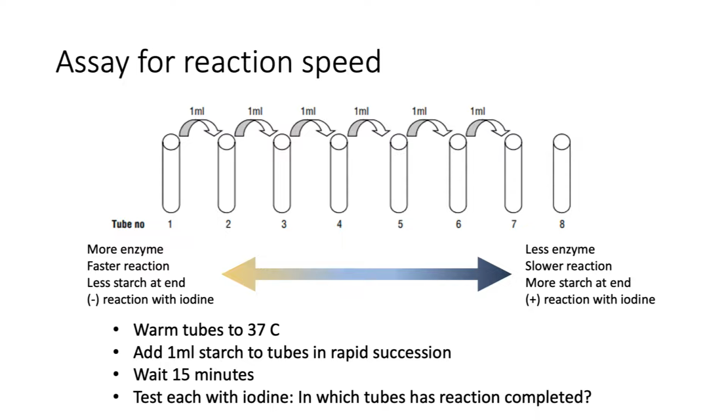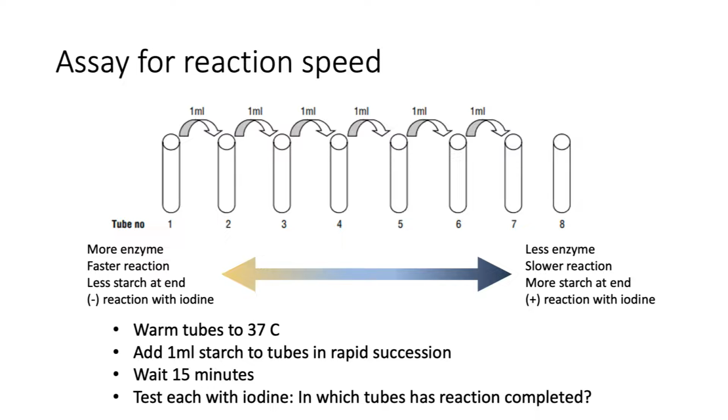So to do the actual assay, we're going to take this serial dilution and add 1 mil of starch to each of the tubes in rapid succession, as if we were able to do them all at once. Then we're going to wait 15 minutes for the reaction to happen, and then test with iodine. So we're going to find out in which tubes the reaction has completed.